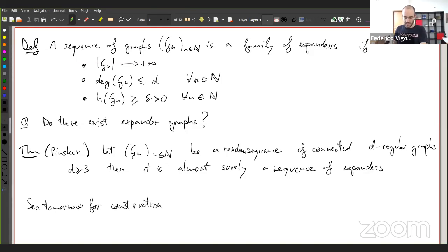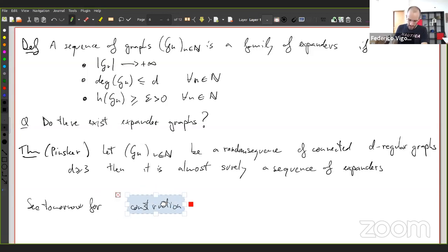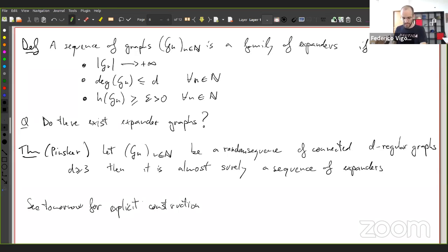And the problem in finding explicit constructions is that the Cheeger constant is very, very hard to compute. That is, you have to take an infimum over all the subsets, which is clearly something. Yeah, I see the question. The D-regular graph means that every vertex has valency D.